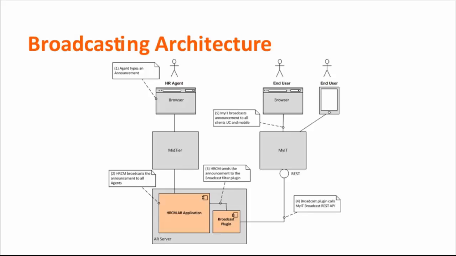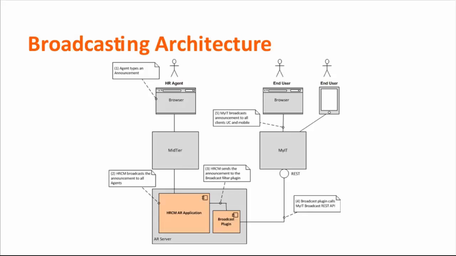Let's talk a little bit more about how the broadcasting feature is designed. Starting from the left top corner, we have the agent who wants to announce something. He's using his browser to connect to the HRCM application to compose his announcement. That is sent to the AR server.